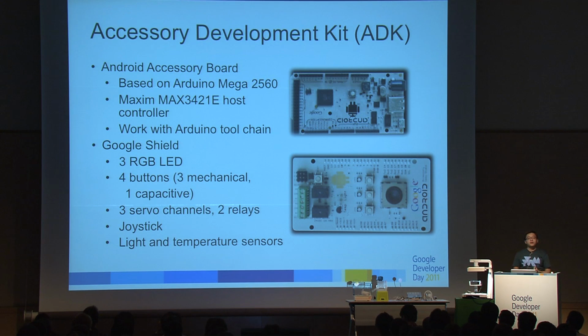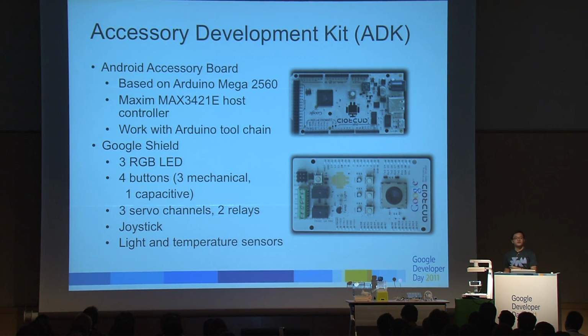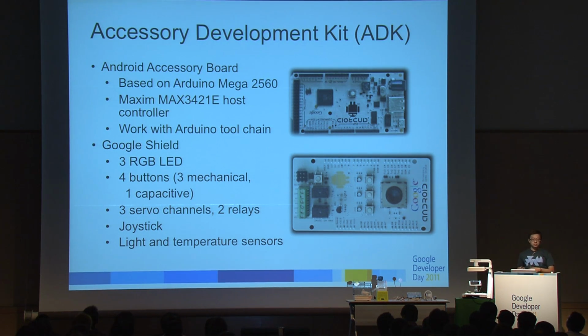But one nice thing about using Arduino is it has a very extensive tool chain for firmware development. So after you pick the hardware, you can just use all the development tools available. It's an open source project. The second part of the ADK is the Google Shield.